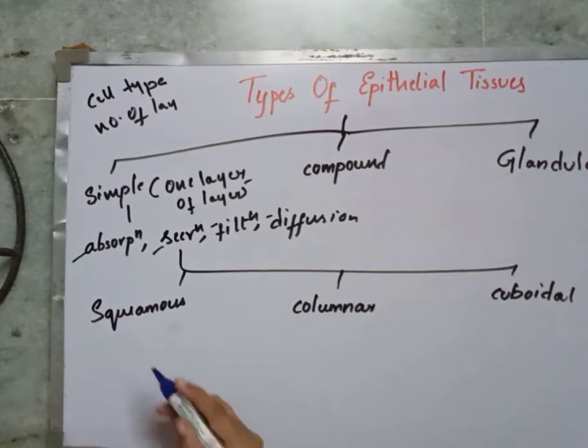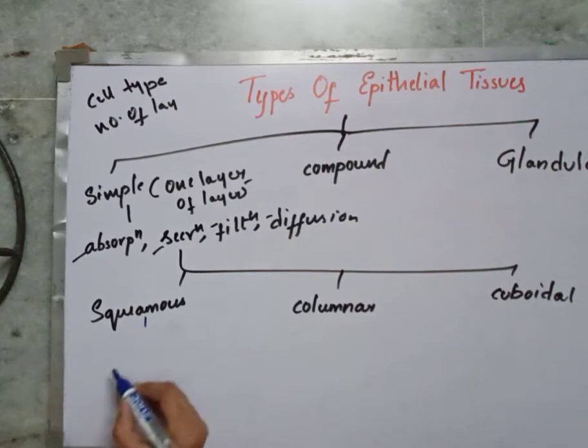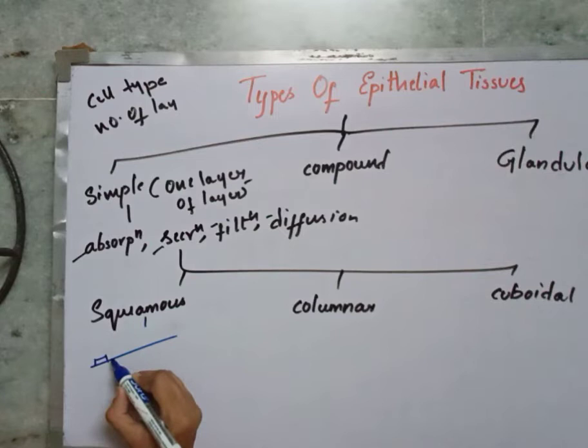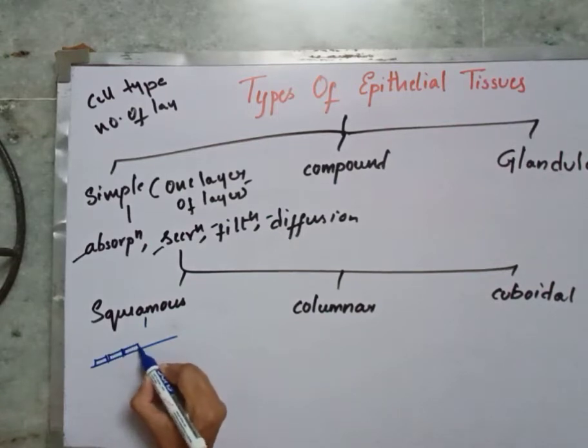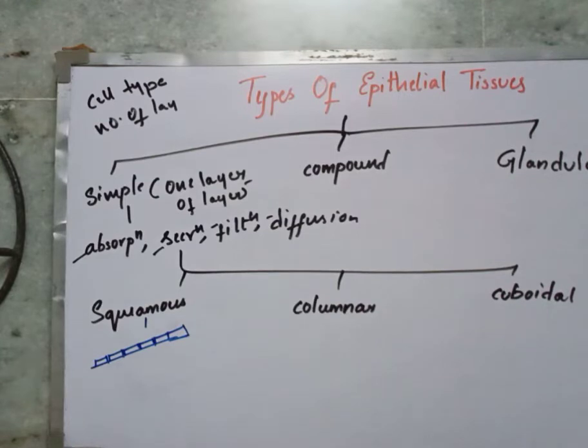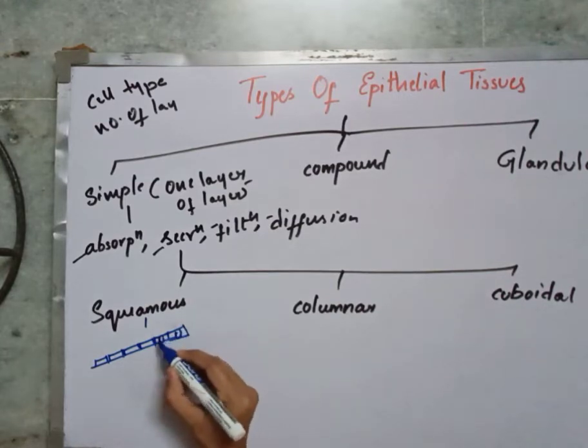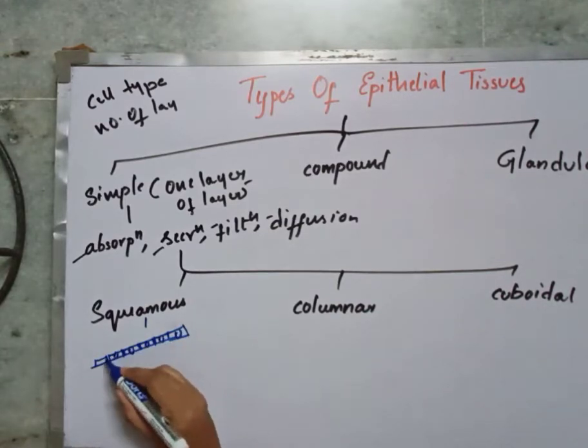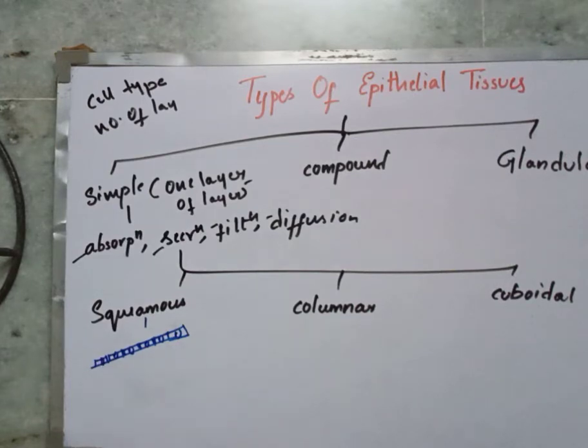So simple squamous epithelium means this epithelium contains only a single layer of cells, but the cells are tile-like. So the cells are flat. Here the cells look like tiles or flat shaped structures. So this is called squamous epithelium, and this below layer is a basement membrane.